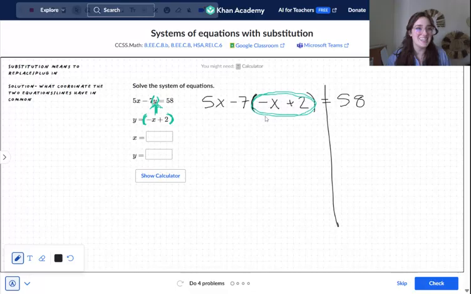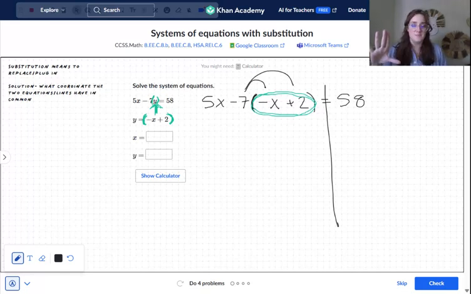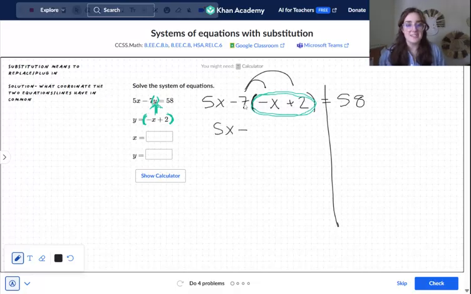We've seen worse multi-step problems. So how do we work this out? We're going to start by distributing the 7 to both terms, and then rewrite from the left of the equation. 5x minus negative 7 multiplied by negative x, double negative, is positive 7x.